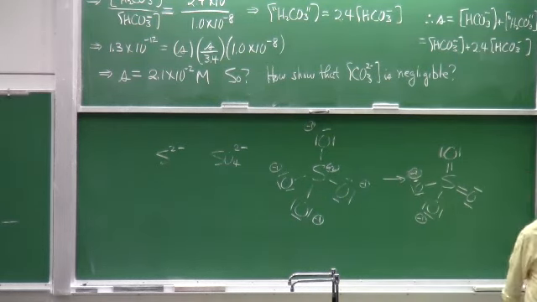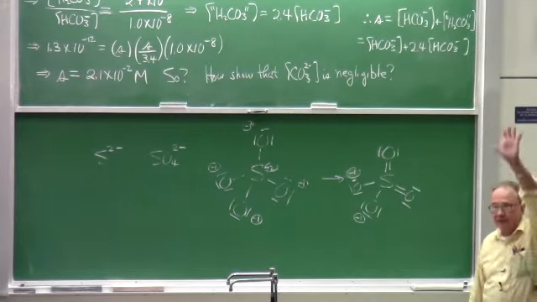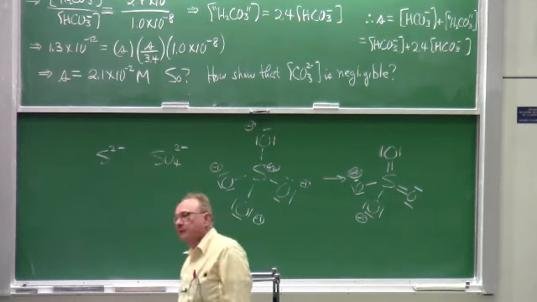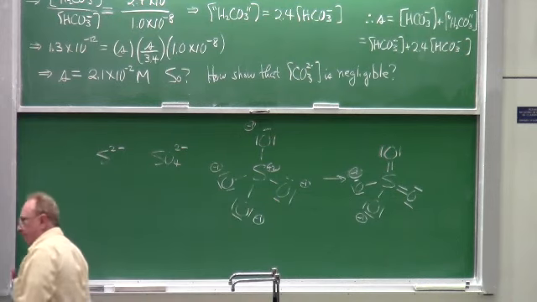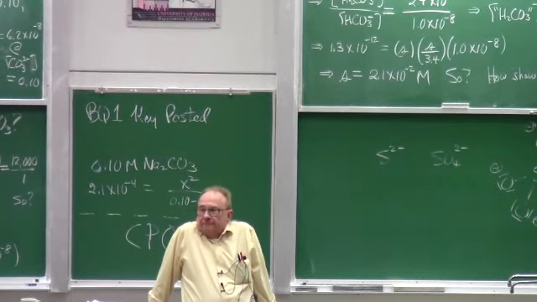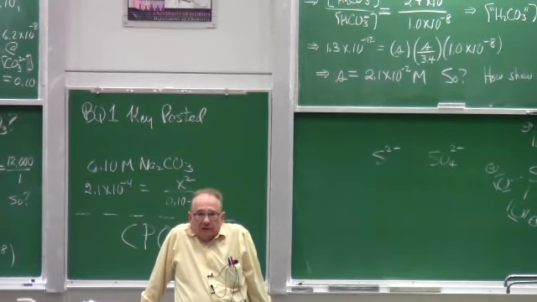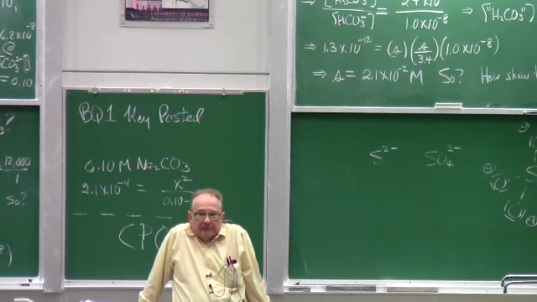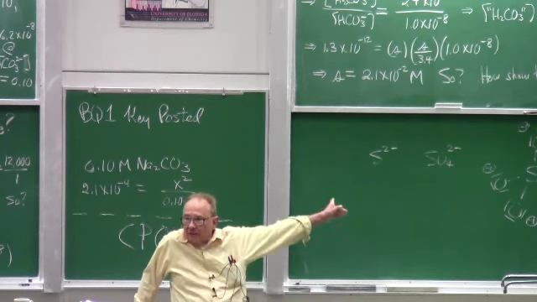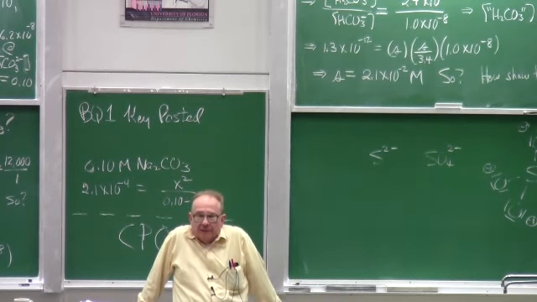You get these Lewis pictures? Hands up if you got it. Which Lewis picture do you like better and why? The one on the right. Why do you like the one on the right better? There's a 0 formal charge on the sulfur. An overall smaller degree of formal charge distribution. What property of sulfate ion is implied by the Lewis picture on the right? What's it called?